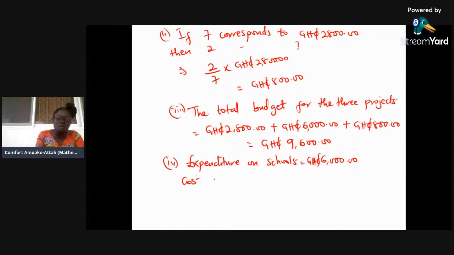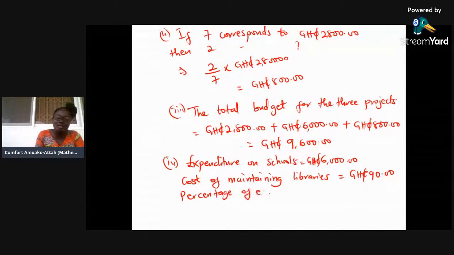Then, tackle it one by one, okay? Cost of maintaining libraries is also equal to 90 cedis. Now, the answer of the percentage of expenditure on schools spent on maintaining libraries.